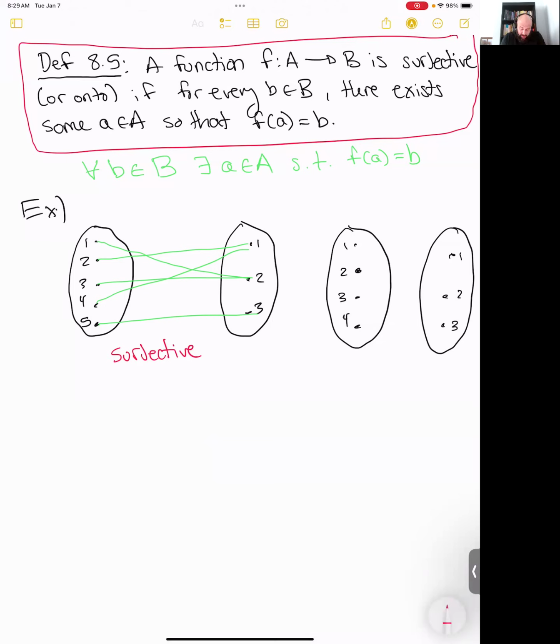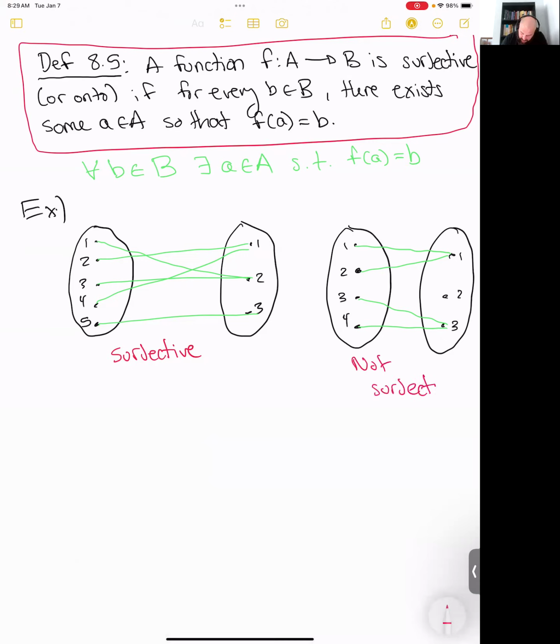But this is clearly not one-to-one because 1 and 3 get sent to 2 and 2 and 4 get sent to 1. So it's not a one-to-one function. But right now, we're not talking about injective functions. We're just talking about surjections for a second. So here I'll send 1 and 2 to 1, and I'll send 3 and 4 to 3. And so this is not surjective, right?